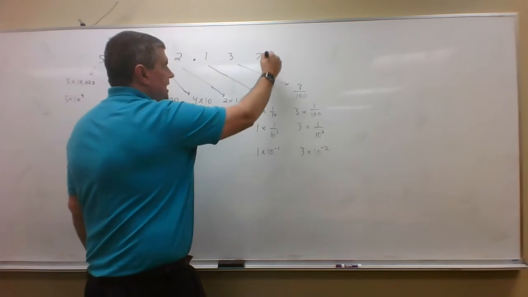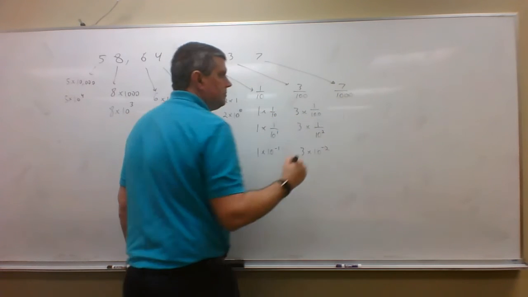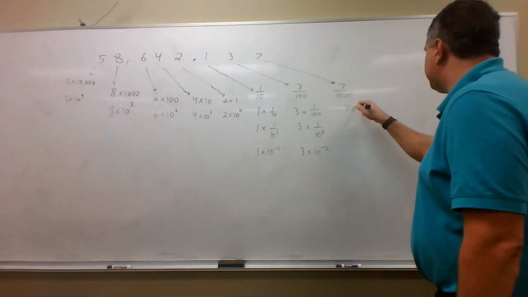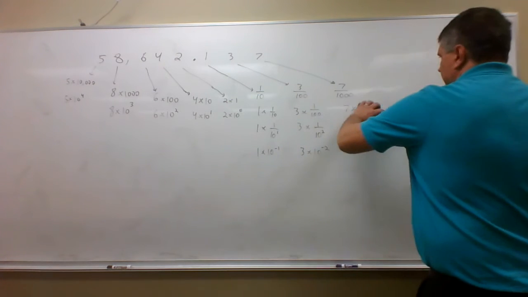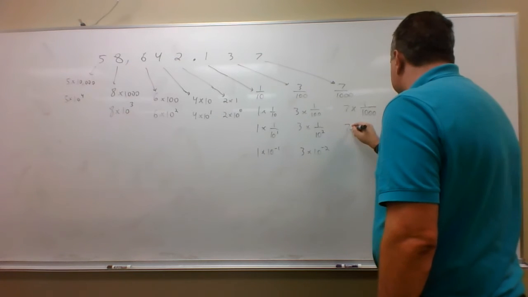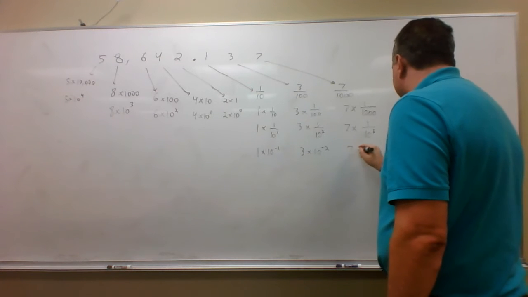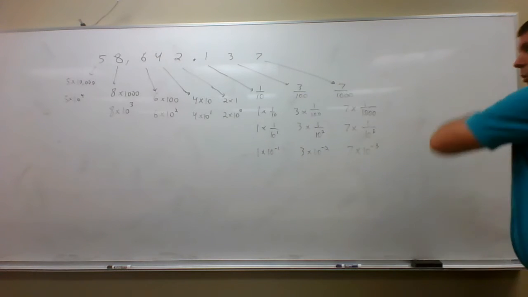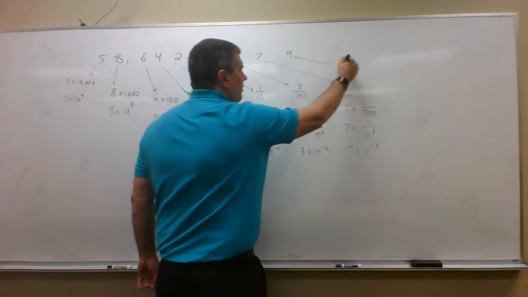And this represents the thousandths, 7 1,000ths, which would be 7 times 10 to the negative 3rd, or 7 times 1 1,000th, which is 7 times 1 over 10 cubed, which is 7 times 10 to the negative 3rd. If I throw in another 9 here, that's the 10,000ths.